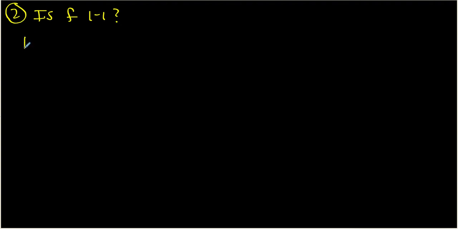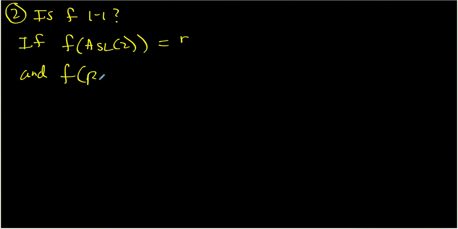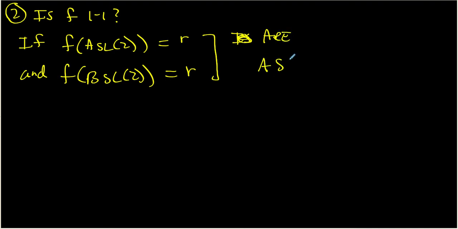So we are going to be looking at if f sends this particular left coset to some number and f sends this left coset to the same number, are the two inputs equal to each other?